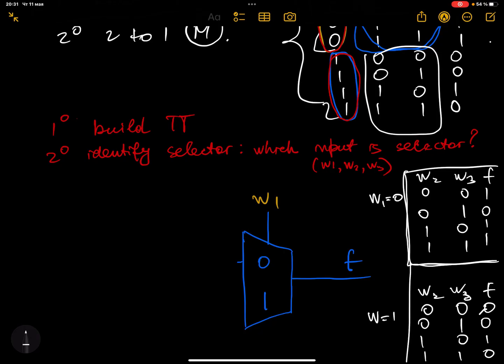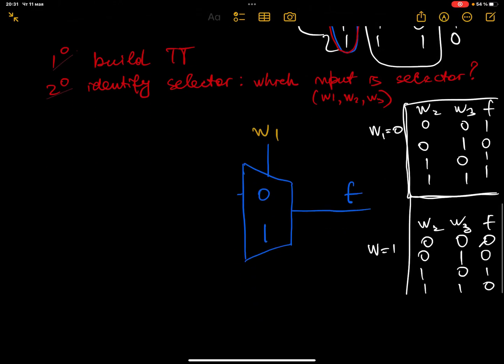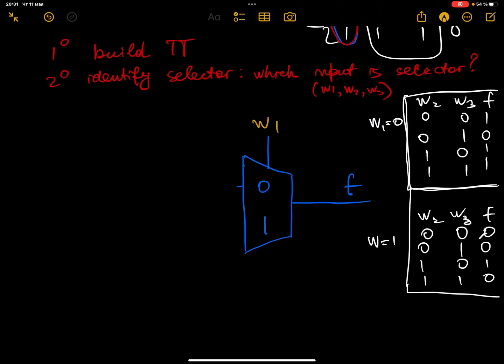So now let's analyze. It's pretty clear that if you have 1, 1, and 0, I guess this case is going to be an AND gate, and this case is going to be, I guess, an OR gate.